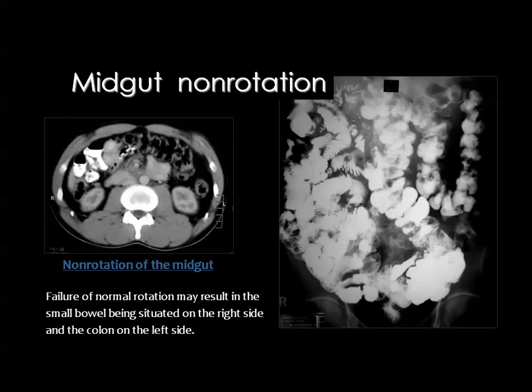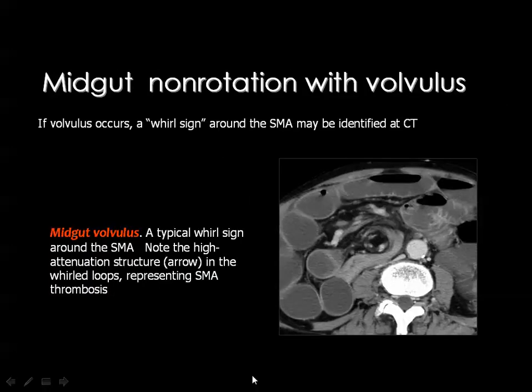But whenever there is a volvulus and you get abnormal relation between the superior mesenteric artery and the vein together with the whirlpool sign, you will expect some form of intestinal obstructive changes.